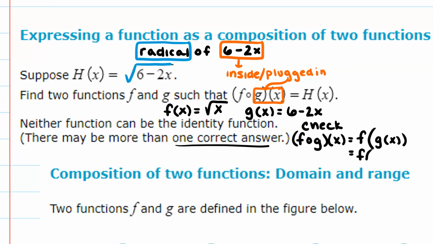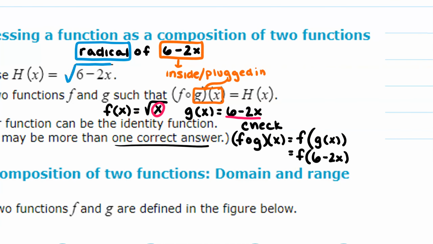So f of 6 minus 2x. And that notation means in the function called f, replace all your x's with 6 minus 2x. So this would make square root, or radical, and then I'm replacing all my x's with 6 minus 2x. Hey, I got back to where I started, so my composition is good.